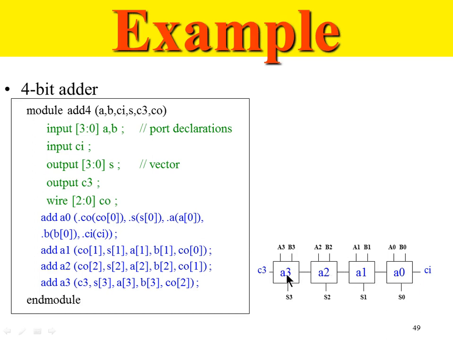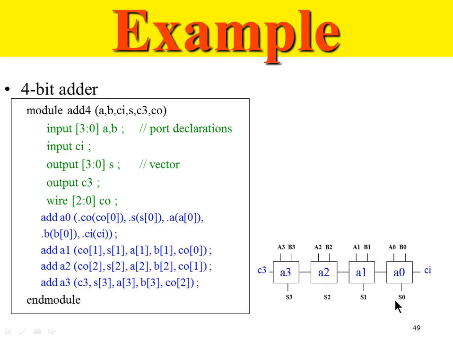Each adder is single bit, but we cascade them to create a 4-bit adder, in such a way that A, which is a 4-bit input, and B, which is again a 4-bit input, can be added using these 4 individual adders cascaded in this fashion.